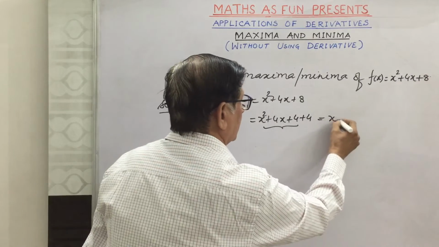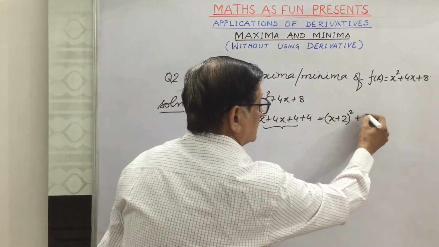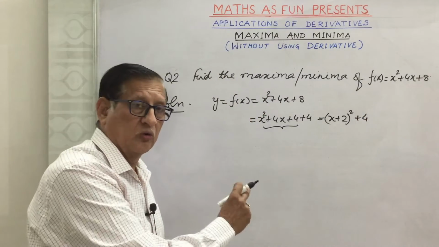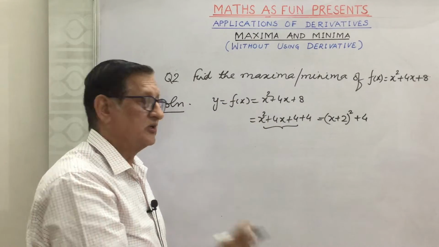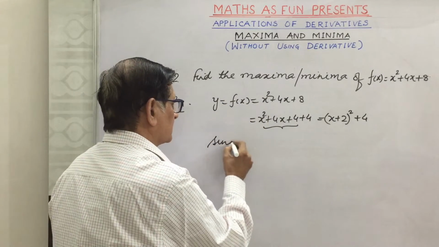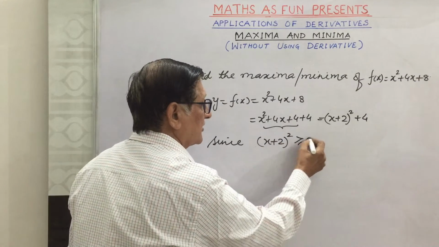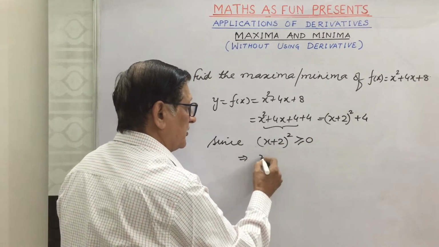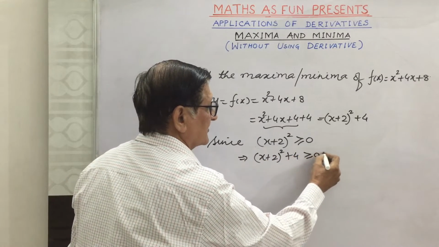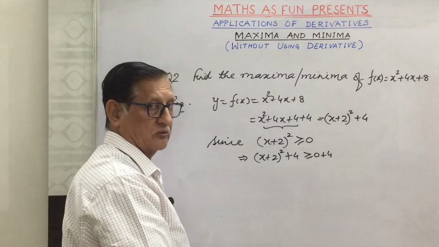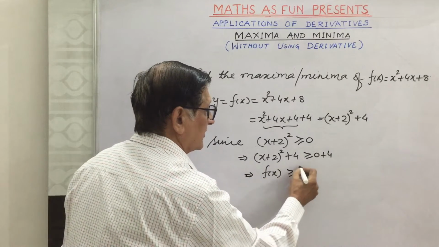So we can write this as the perfect square of (x plus 2) plus 4. Now we know that the perfect square of a number is always non-negative. So since (x plus 2) squared is always greater than or equal to 0, it means (x plus 2) squared plus 4 will always be greater than or equal to 0 plus 4. It means f(x) will always be greater than or equal to 4.